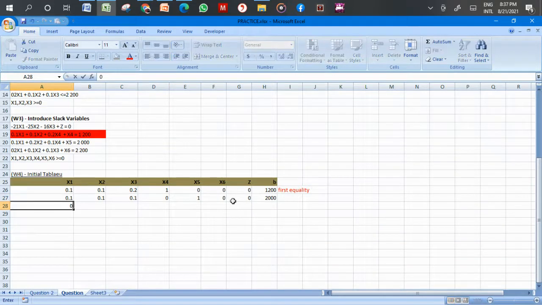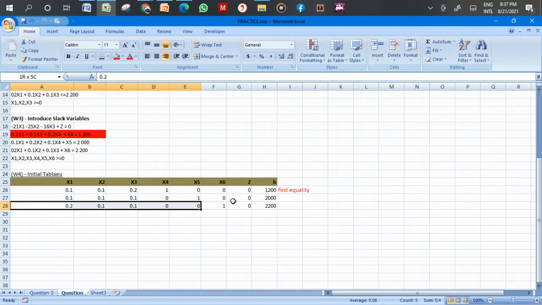Then the last one, 0.2, 0.2, then 0.1, 0.1. Then we do not have x4, we do not have x5, but we do have x6. Then we do not have z. The constraint is 200.